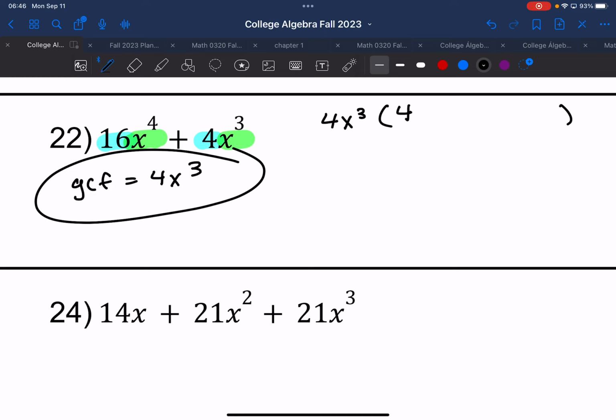And then x to the 4th divided by x to the 3rd means we do what to the exponents? Subtract. So we're left with 1 x, so 4x. And then plus, what is 4x cubed divided by 4x cubed? Just 1. Because x cubed divided by x cubed is the same as x to the 3 minus 3, which is 0, and anything to the 0 power is 1.